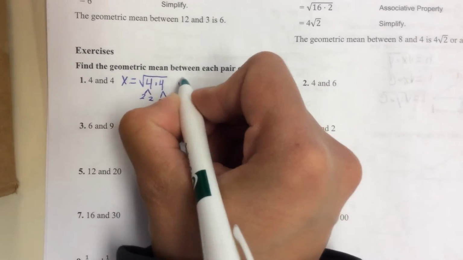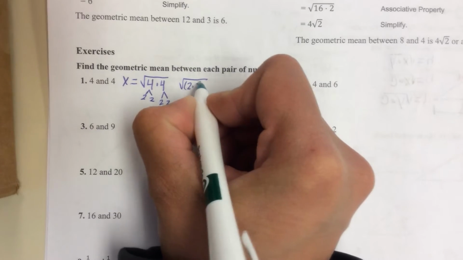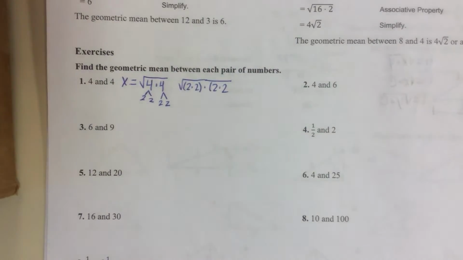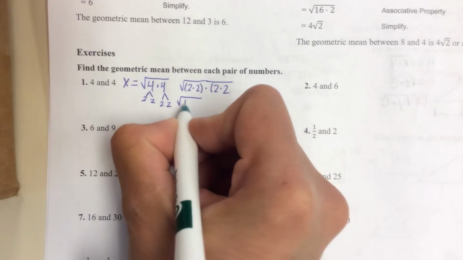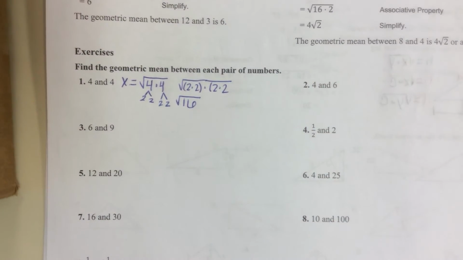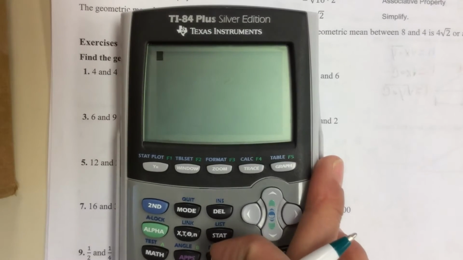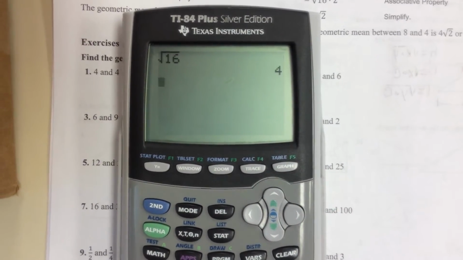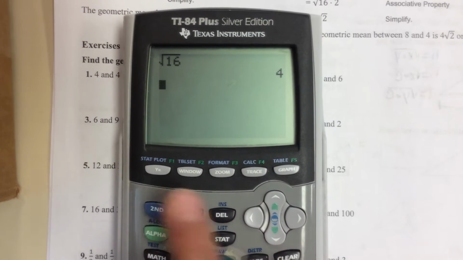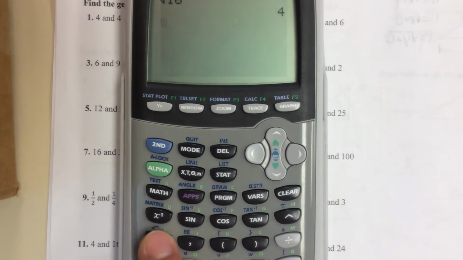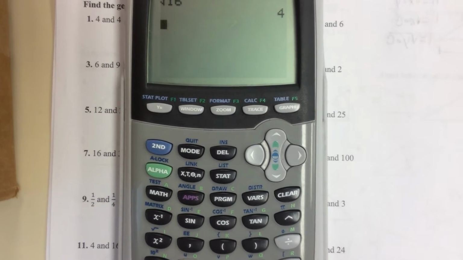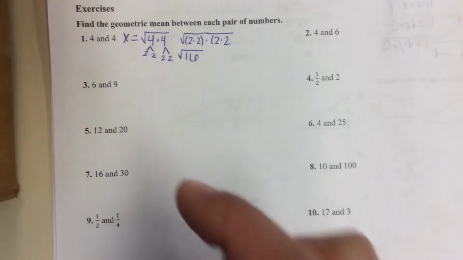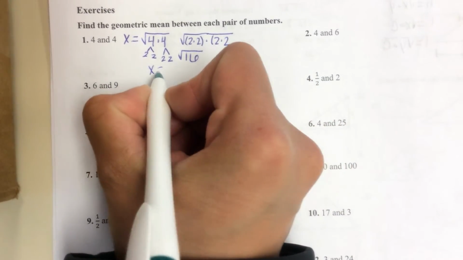That'll give you the square root of 2 times 2 times 2 times 2, which in turn gives you the square root of 16. Most of you should know that the square root of 16 gives you 4, but if you don't, use second square root, type in 16 and click enter, and that gives you 4. So the answer here is x equals 4.